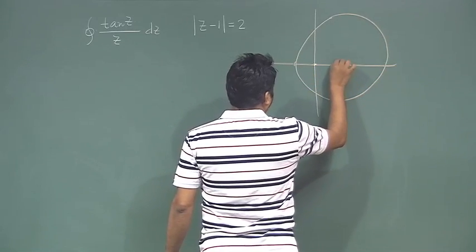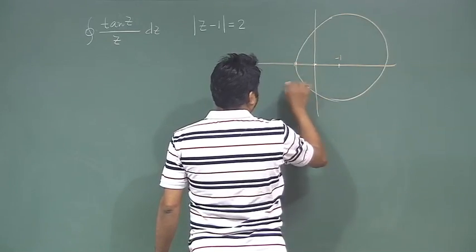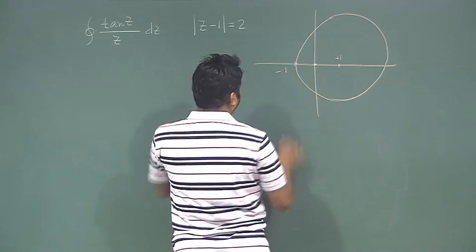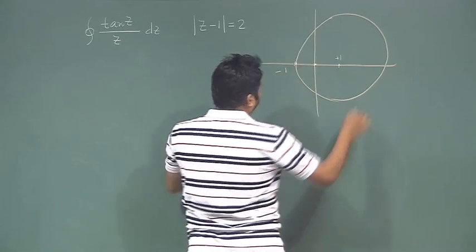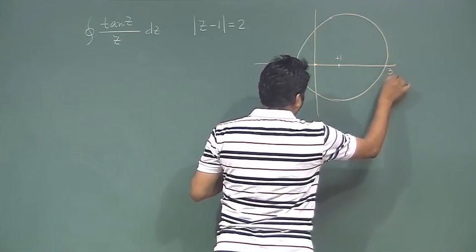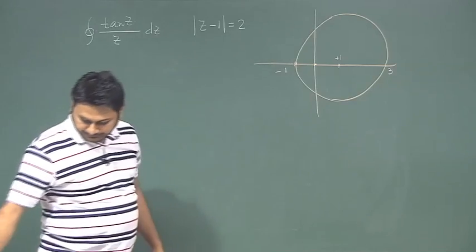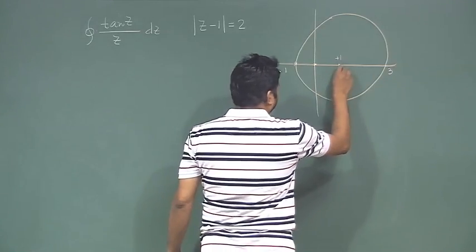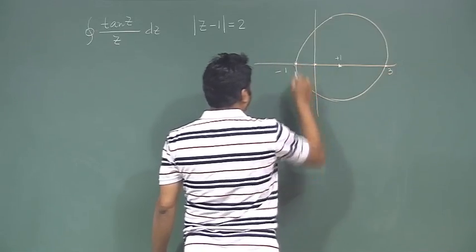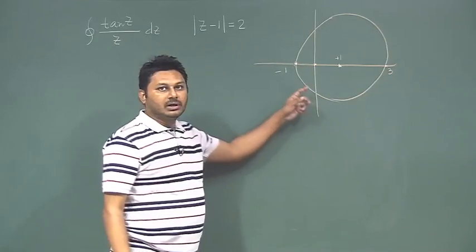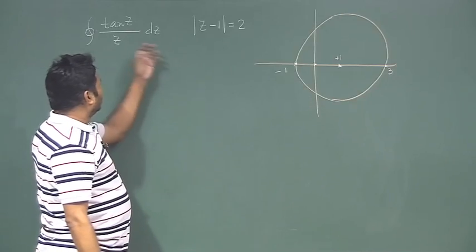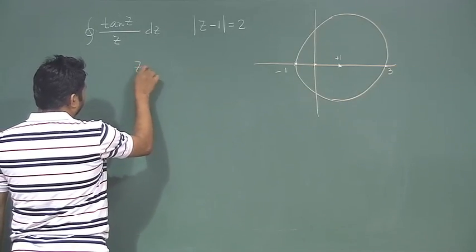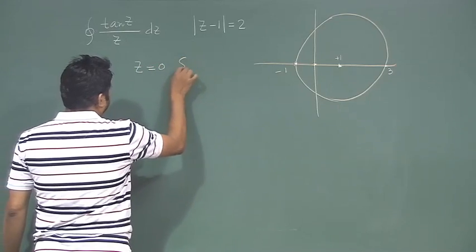So, this point is minus 1, this point is plus 1 the center, and this point is 3, since the radius is 2. Okay, I know the region. Now, I need to find where the singularities lie. Obviously, the first singularity lies at the point z equal to 0.